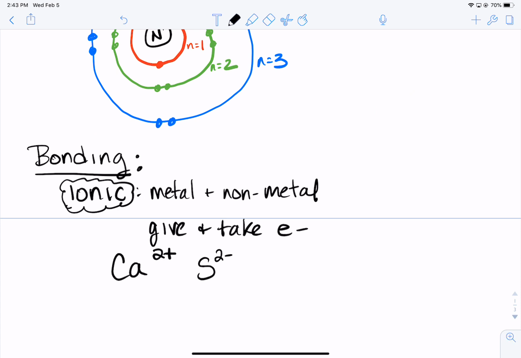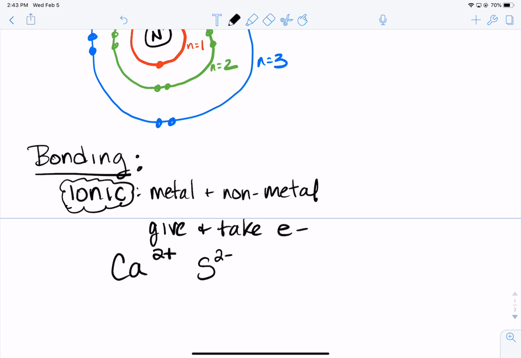When it gives away its outer valence electrons, the 2, the shell right below it has achieved octet. So it gets to achieve octet by giving away 2. Sulfur gets to achieve octet by taking the 2 from calcium. So sulfur didn't just magically get 2 electrons. It got them from its friend calcium.